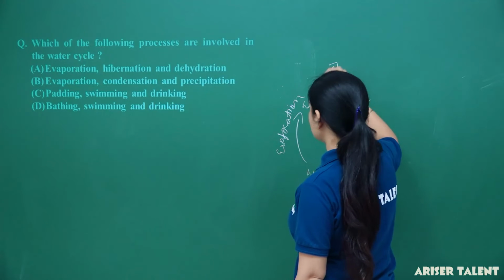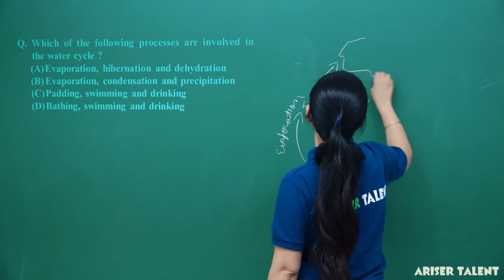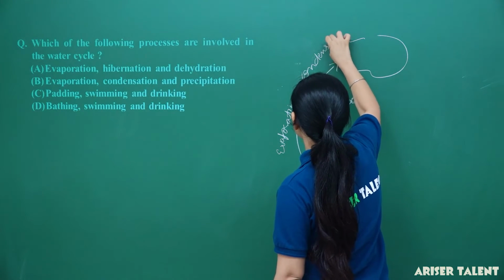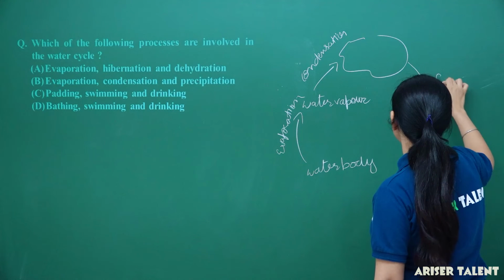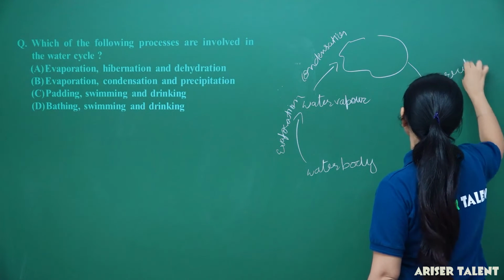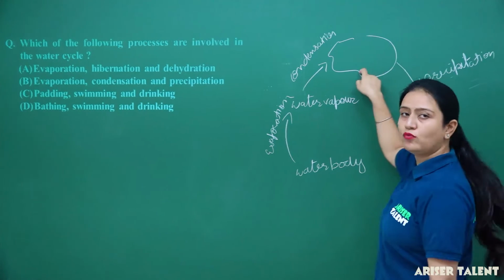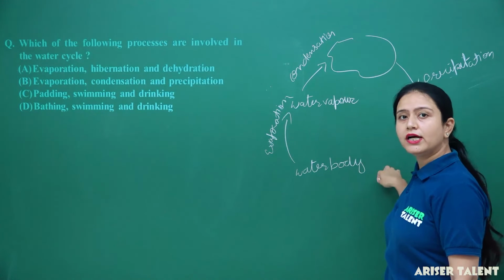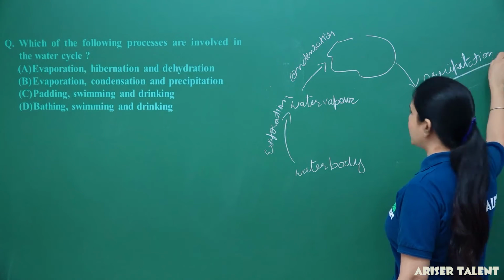Then when it goes up in the atmosphere and mixes with the air, it condenses and forms clouds, and this process is known as condensation. And by the process of precipitation, when the clouds cannot hold the water anymore, the water falls on the earth in the form of rain, and this process is known as precipitation.